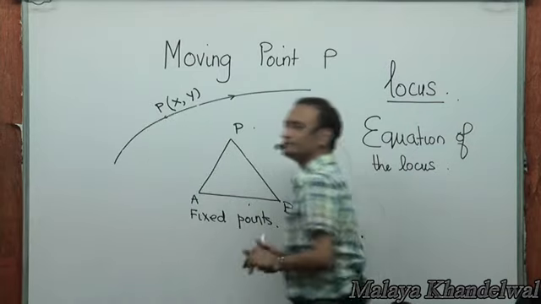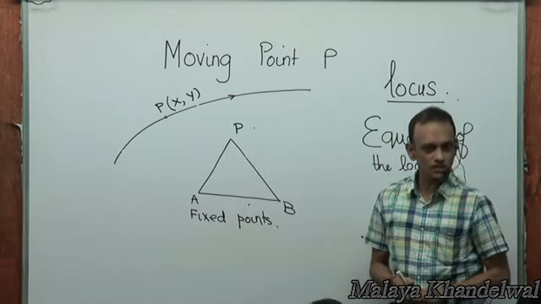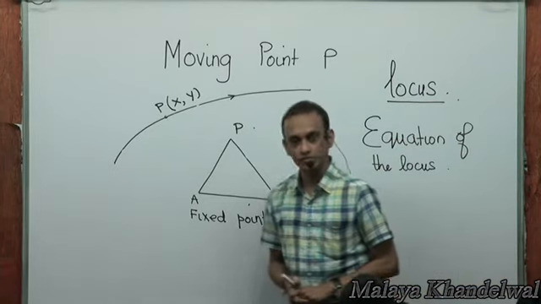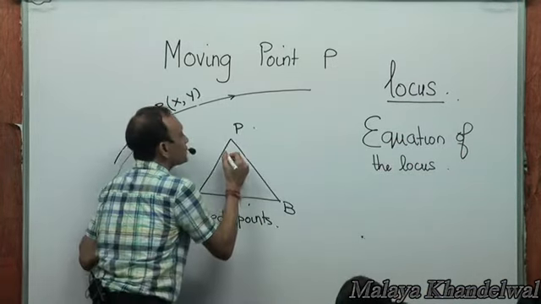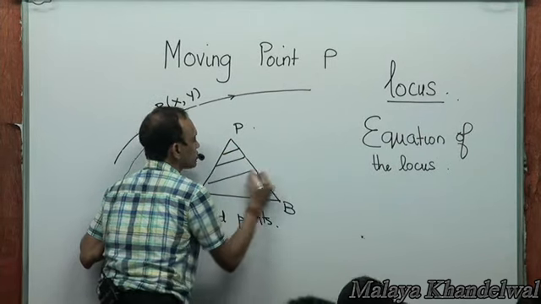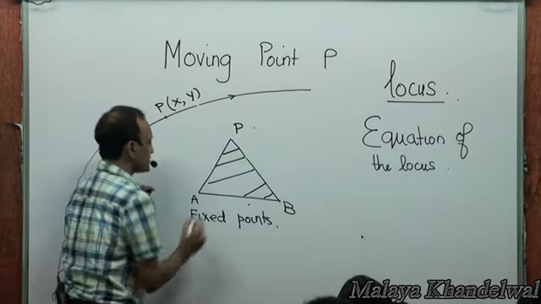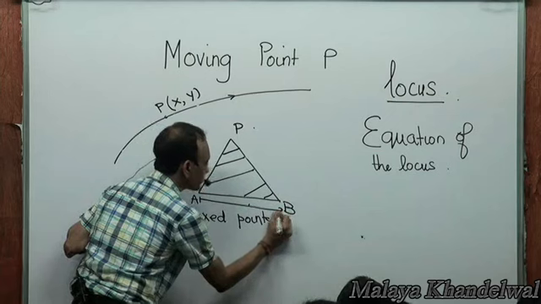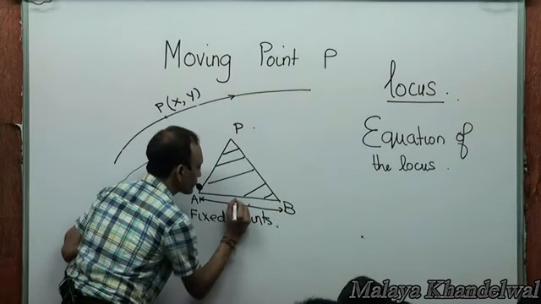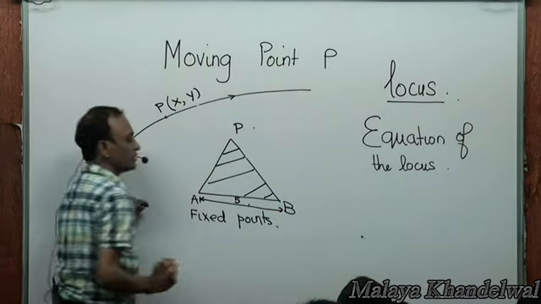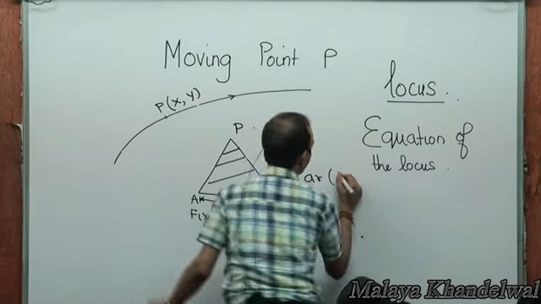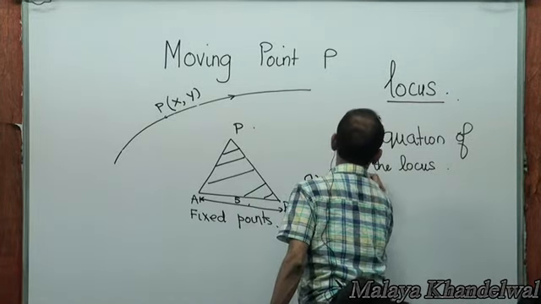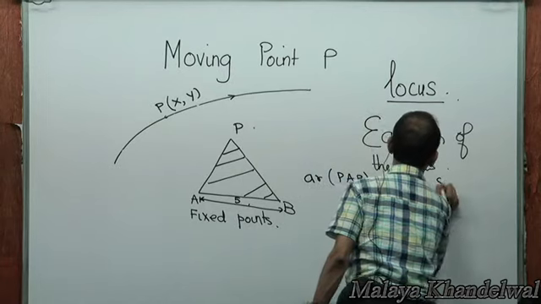One way or the other, let's say somebody tells you that this point moves in a manner that the area of triangle PAB is constant. Say AB is 5 units and area of triangle PAB is, say, 10 square units.